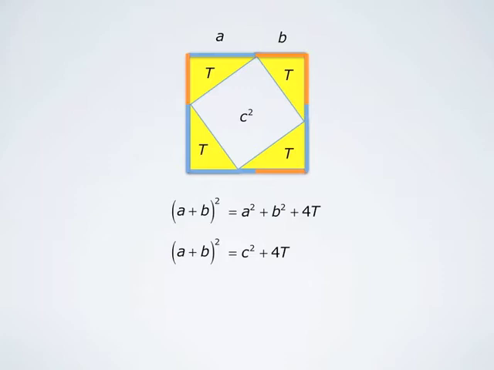So we have 2 presentations for (a plus b) squared. The left hands are the same, so the right hands must also be the same. So we get that c squared plus 4 times T equals a squared plus b squared plus 4 times T. 4 times T cancels out, and we get c squared equals a squared plus b squared. This is a proof of the theorem of Pythagoras.